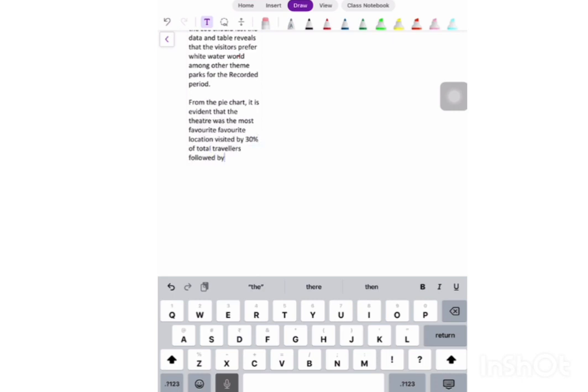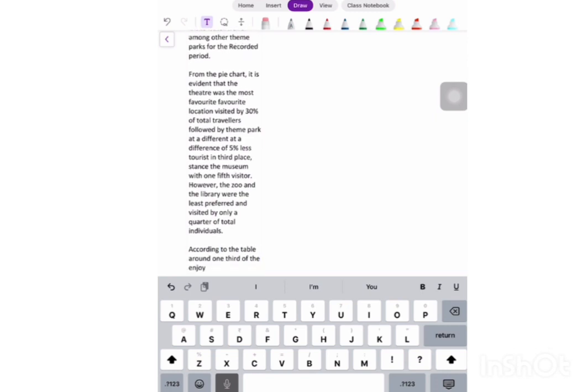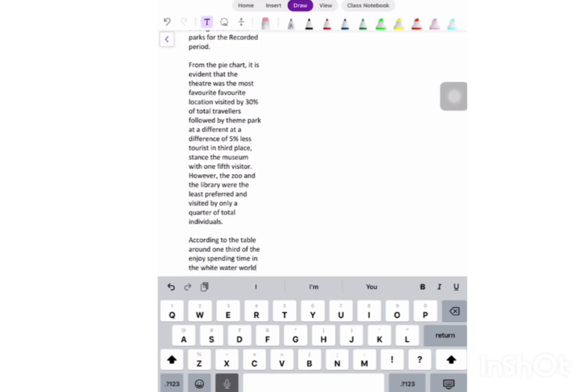So this is also a good usage of words: instead of writing 2015 over and over again, we said same period, showed interest, outlines, observation. So these are good usage of words. Overall, it is clear from the pie chart, this is a good line that you can use universally, that cinema was the most popular place to spend leisure time, whereas this is a linker.